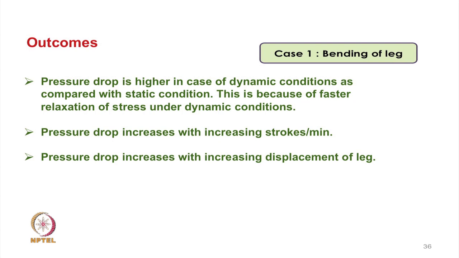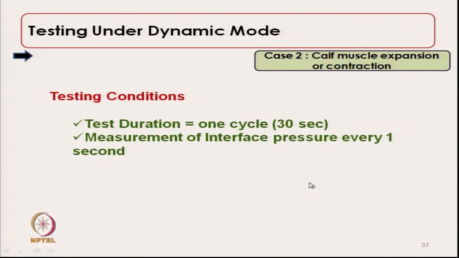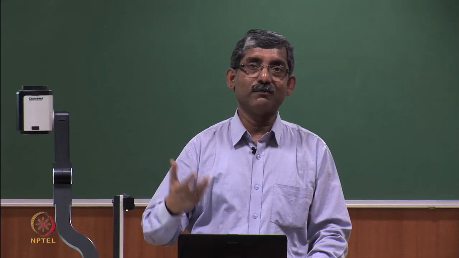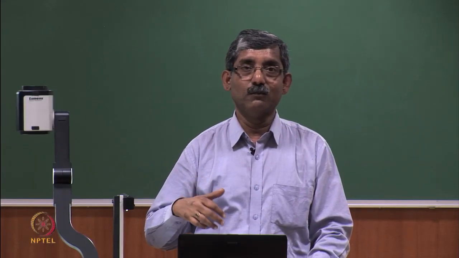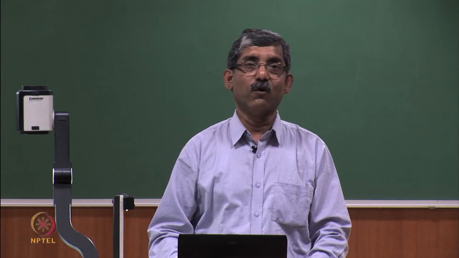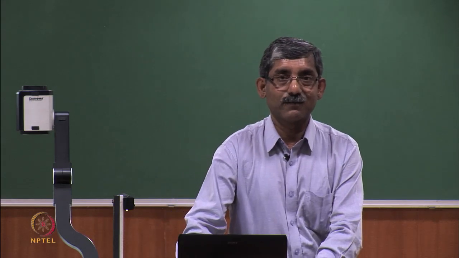In the next study, case 2, the calf muscle is expanded and contracted. This type of situation we normally come across when we try to stand up or try to move, try to fold our legs.